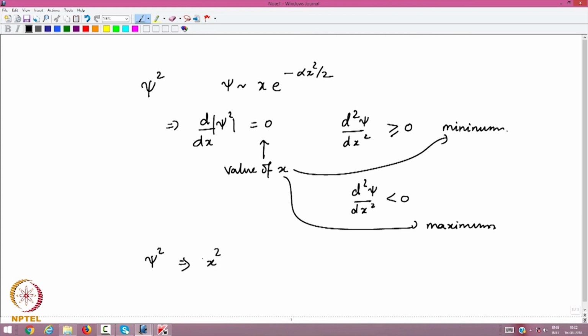We do not need to worry about the constants, it is x square e to the minus alpha x square. Therefore, d psi square by dx is equal to 2x e to the minus alpha x square minus 2 alpha x cube e to the minus alpha x square, that should be 0.